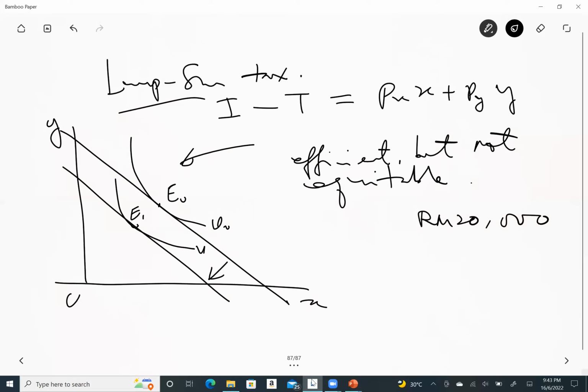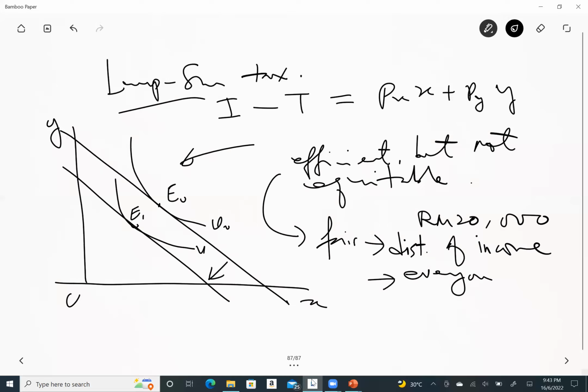It is fair only if our distribution of income is very, very good. Our distribution of income is very even. Simply put, everyone's income is about the same.